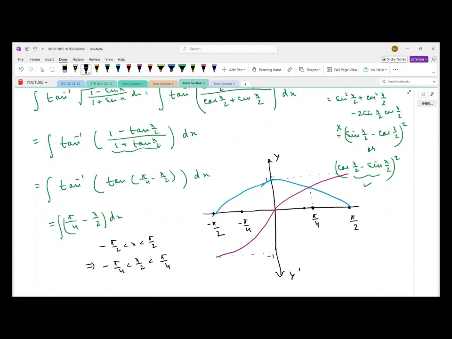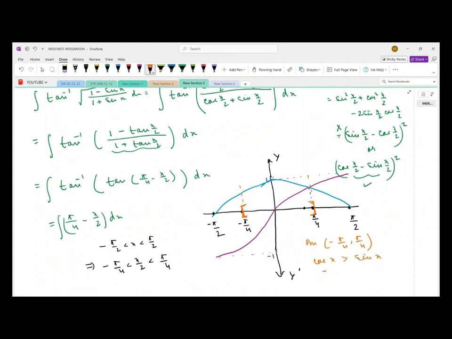Fine. Now if we check, from minus pi by 4 to plus pi by 4, if you look at this portion, throughout this portion your blue curve, that is the cos curve, is higher than the sine curve. That means in minus pi by 4 to plus pi by 4, your cos x is always greater than sine x.